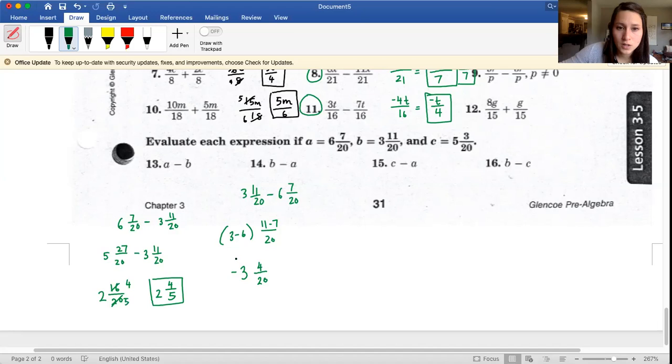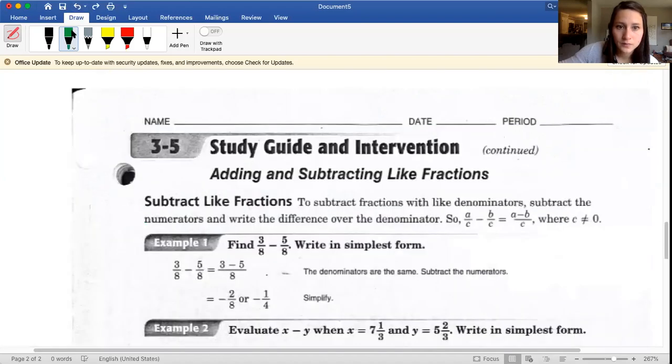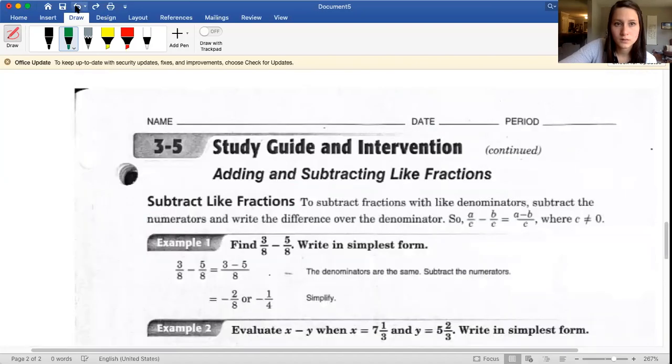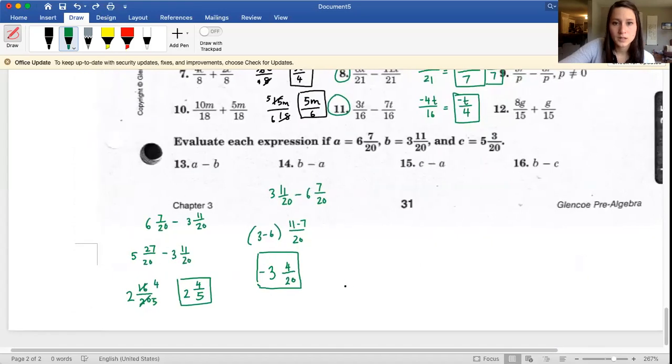And so your answer is negative 3 and 4/20. But here's the thing. Let's take a pause from 14 and come back to this in a second, okay?